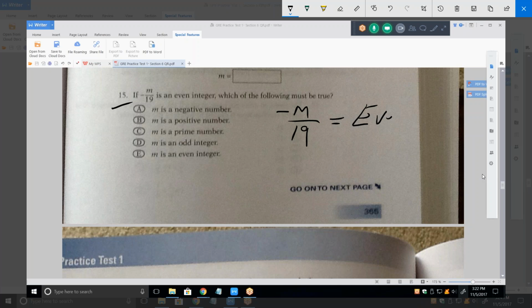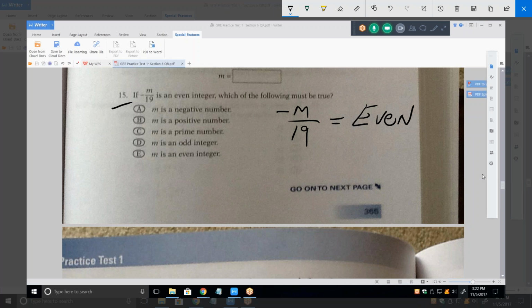So can you think of a positive m that would make that not even? In other words, does that mean that m is a... Oh, the whole thing is an even integer. Yes. The question is does that prove that m is a negative number? Well, if I can come up with a non-negative number for m, then I've disproved it.